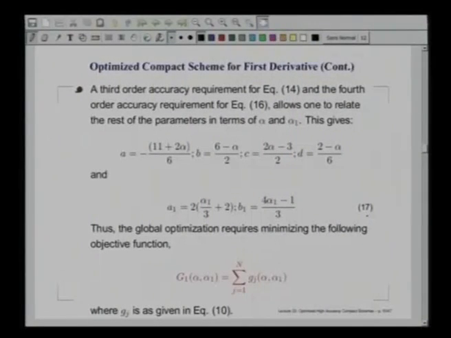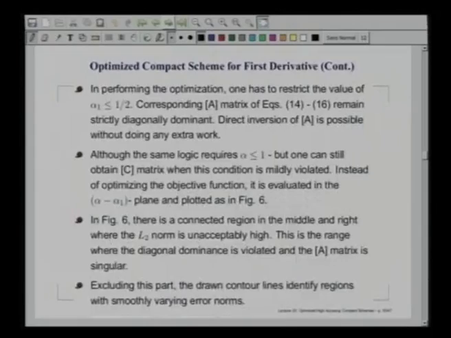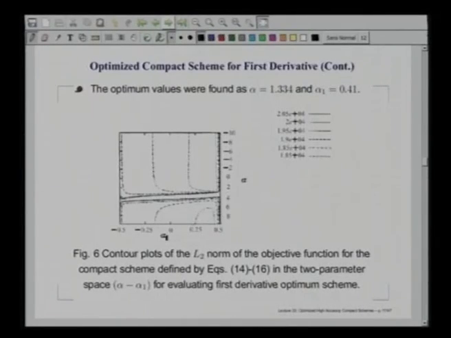So, we want to really look for a combination of alpha and alpha 1 for which this G 1 is minimum, and that is what one can do. The results are as shown here in the alpha, alpha 1 plane, and the various contours are plotted here. The top value is 2.05 into 10 to the power plus 4, and that keeps reducing to some value, and then again it increases.